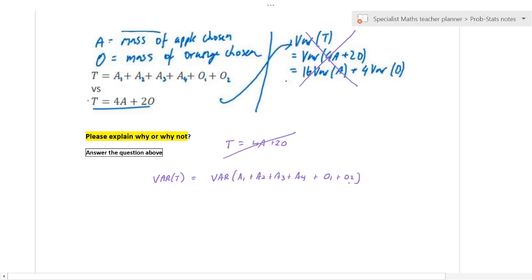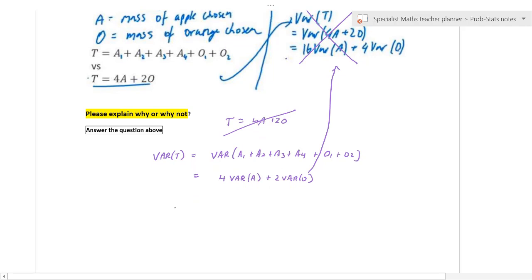And of course, that would be equal to 4 times the variance of A plus 2 times the variance of O, which clearly is not what we have up here. So it's a really tricky concept. It comes up in exams. It's something you have to be very aware of.